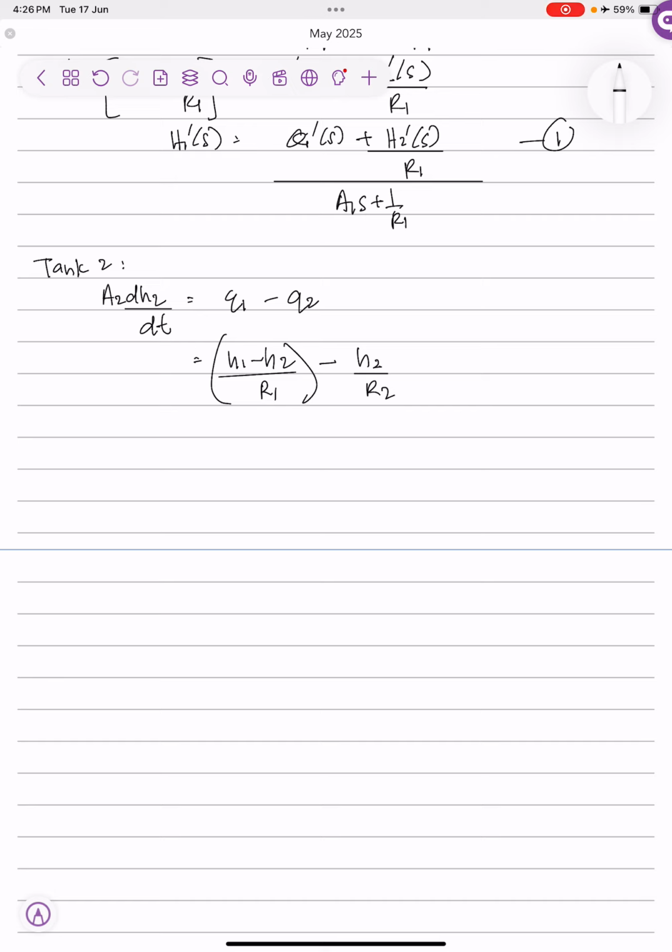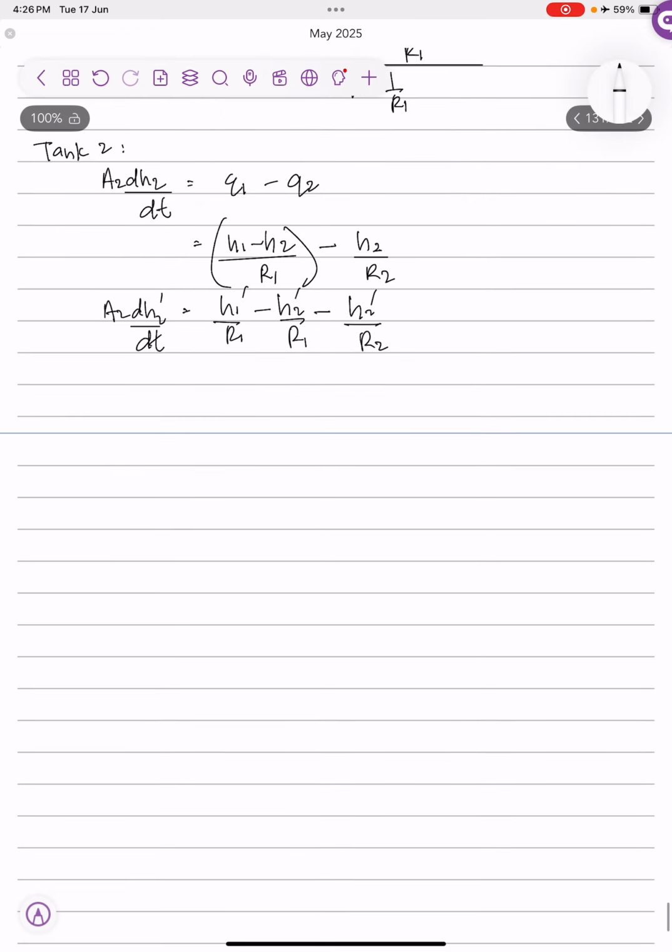After we subtract the steady state model, we get A2 dH2'/dt equals (H1' minus H2')/R1 minus H2'/R2.